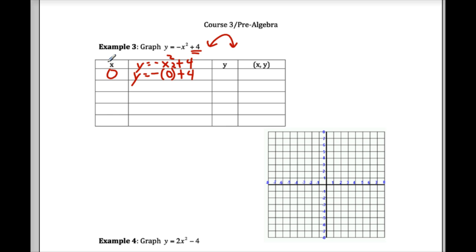Just 4. 0 squared is 0. Negative 0, it doesn't. Oh, I didn't add. Right, don't forget to add 4. The 0 is not positive or negative, so it's still just 0. Add 4, we get 4. So this one, back to Miss Henning's point, does not go through the origin. It goes through the point (0, 4).